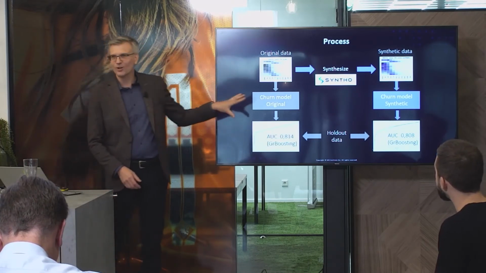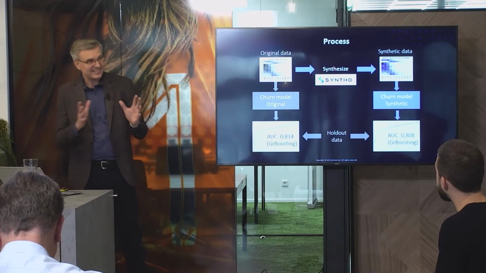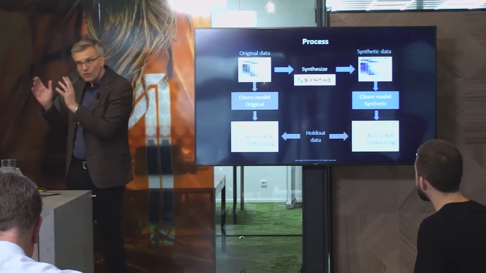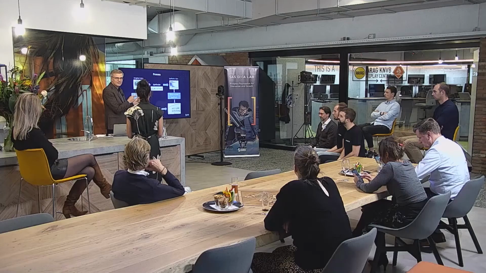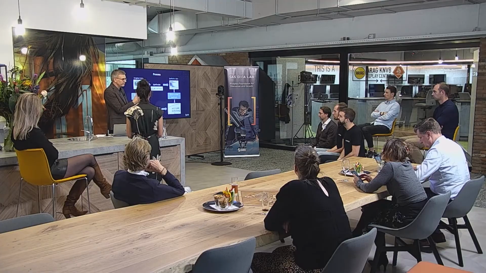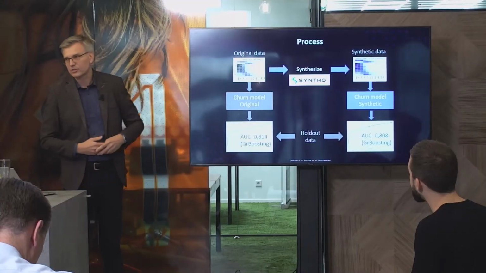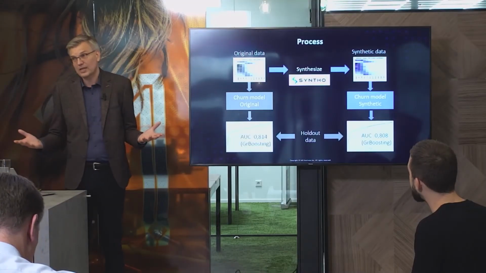So I used that holdout data set to test the model on synthetic data on that original 10% original data. And then also in this case, the predictive power was preserved. We could have the same accuracy on this holdout data set. So it's really promising. Yeah, so they can underestimate you, Edwin. You always have something in the back.